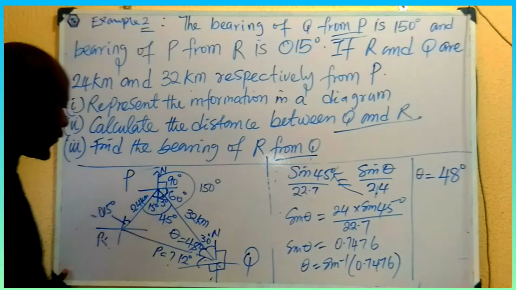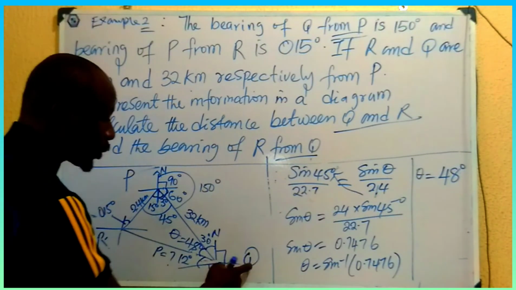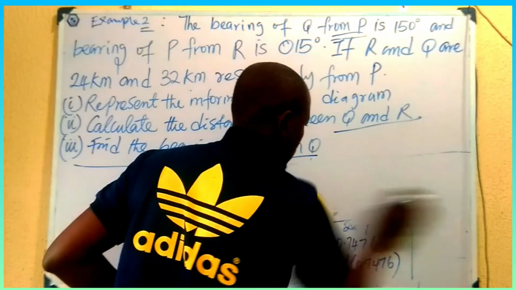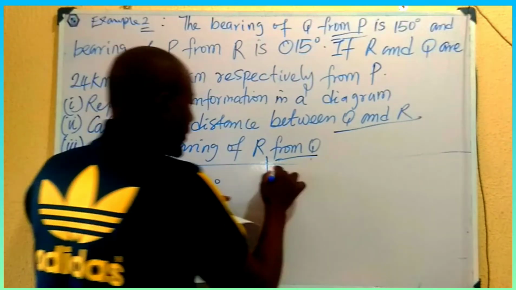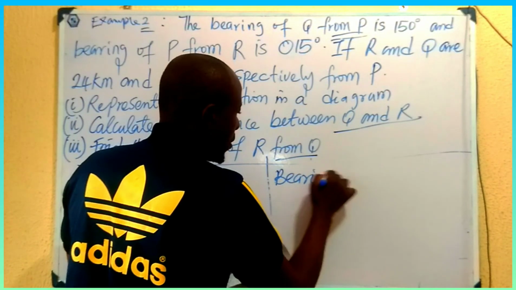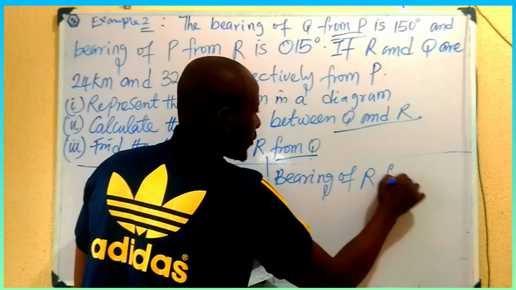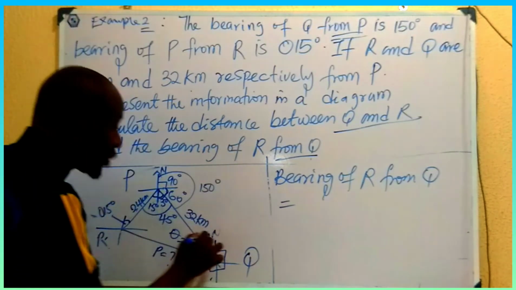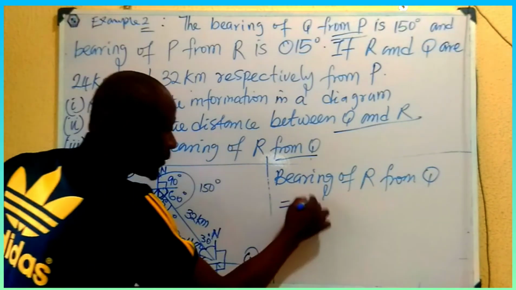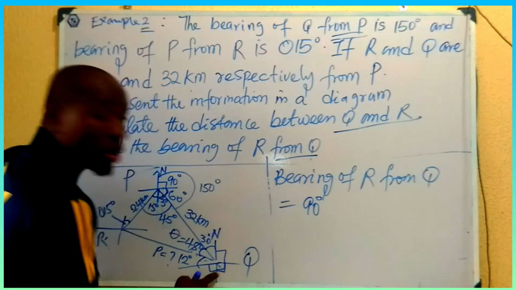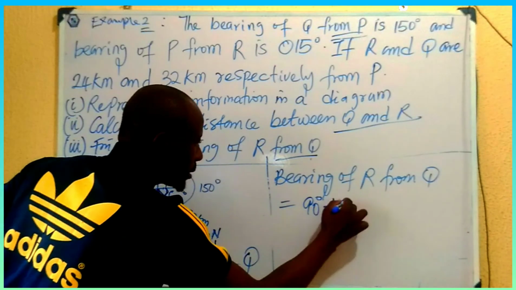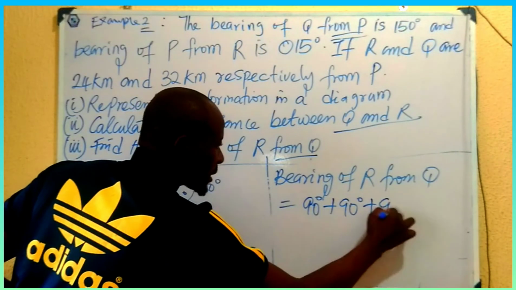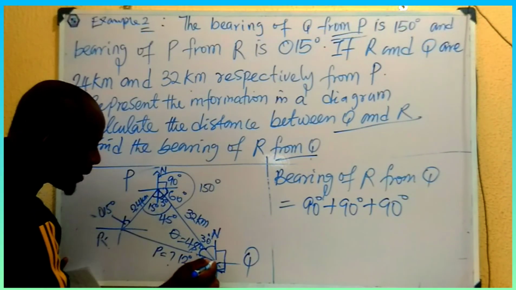So the bearing of R from Q is equal to the first cardinal point, 90. Always start from the north. First cardinal point 90, second cardinal point 90, third cardinal point 90, plus this angle, because you cannot exceed this angle.